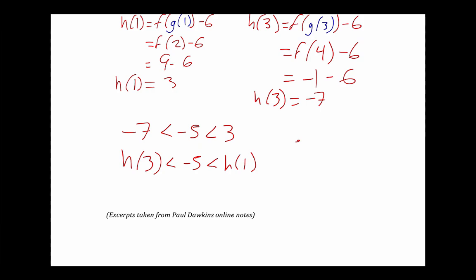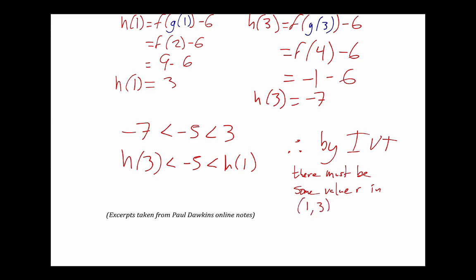And so therefore, by the intermediate value theorem, there must be some value, and we can call that value r, in that range from 1 to 3. Actually, I guess we're not including 1 or 3, so we're going to use the open interval 1 comma 3. And again, that just means, I'm not going to bother writing it, such that h of r equals negative 5.